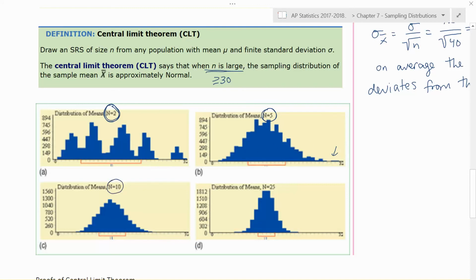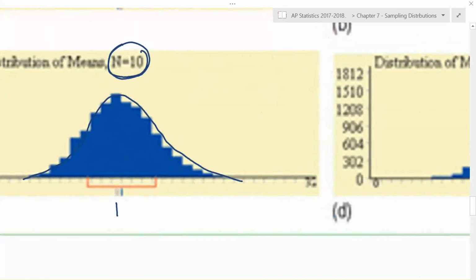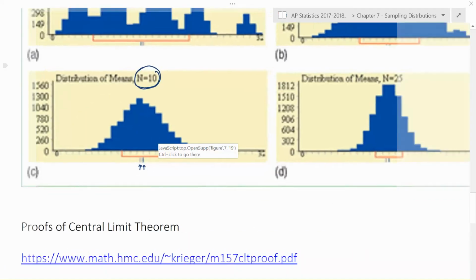Samples of 10, increasing the sample size, I still see a little bit of right skew. It's harder to see, but it's there. And it's really hard to see these things, but these 2 marks right here are the mean and the median, and we can see that they're still somewhat different, so we don't quite have our normal model.